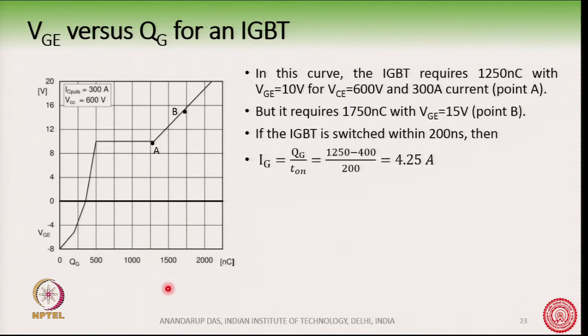But if you increase the VGE to point B, about 15 volts here, then you will need roughly 1750 nanocoulomb of charge, starting from the complete off stage to a complete on stage of the device.